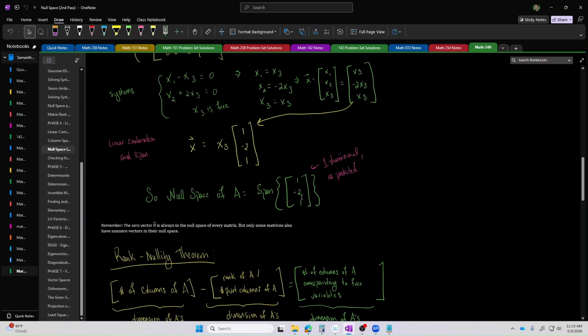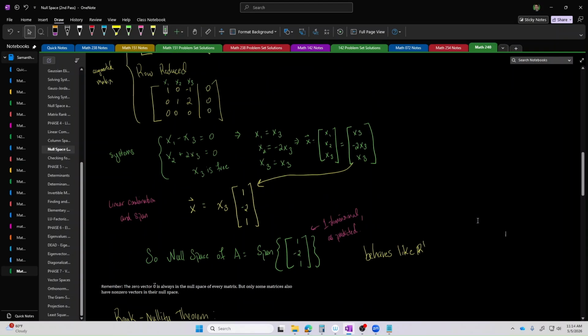So this null space resembles and behaves like R1, the set of one-dimensional vectors. It behaves like R1 because it's spanned by a single vector. It looks like R1 because it resembles a line. So this null space behaves like R1 even though it's not strictly speaking equal to R1.